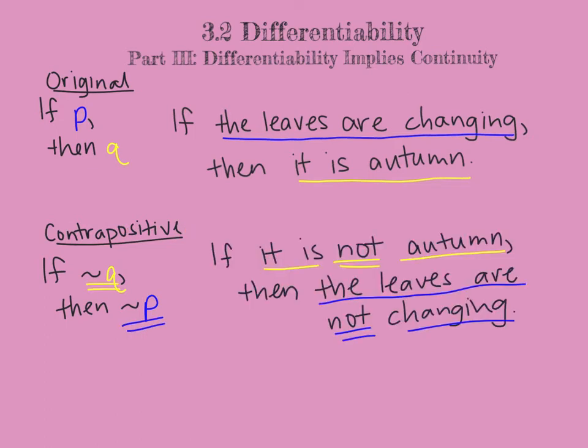The contrapositive looks like if not Q, then not P. So if it is not autumn, then the leaves are not changing. That's also a true statement. Because the original statement was true, logically the contrapositive is also true.